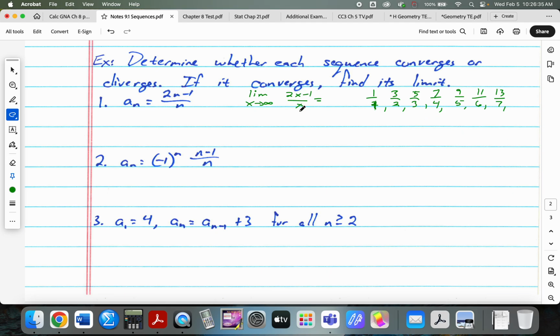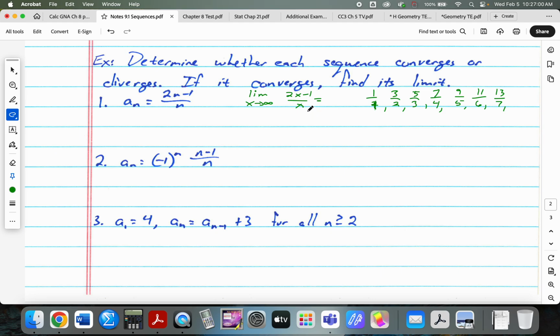And think about it. As x goes to infinity, I always talk about when you're looking at rational functions, where you have a function over another function, as x gets big, how much does this -1 matter? Almost not at all. So 2x is the dominant term as x approaches infinity.